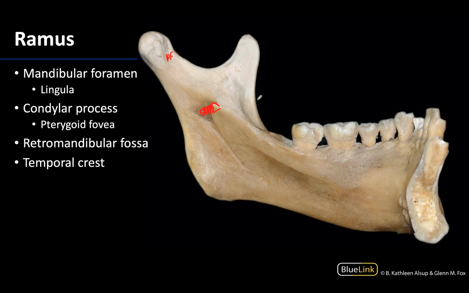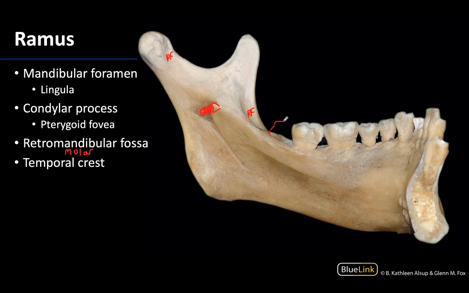Moving anteriorly and more towards the coronoid process, you can see this notable depression right in this region. And this is the retromandibular fossa, or the retromolar fossa. Sometimes you see it referred to as the coronoid notch. The reason that it is sometimes referred to as the retromolar fossa is because it is just posterior to where the third molar would be located.